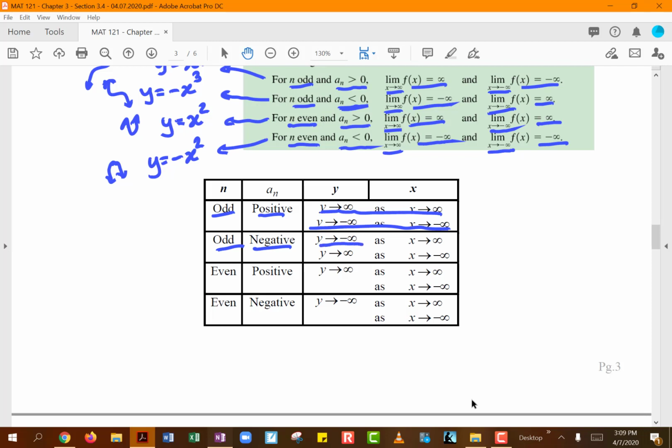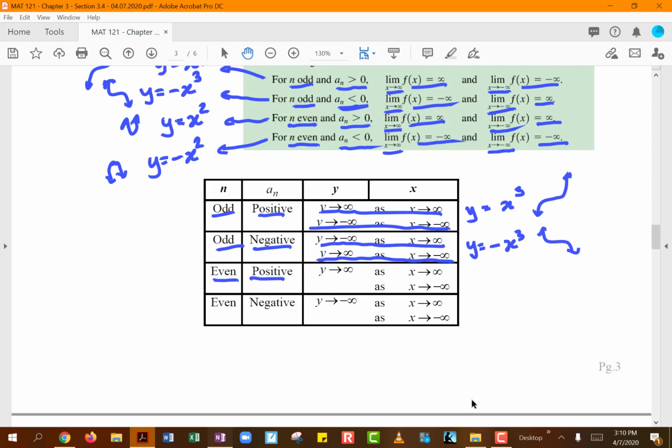So now y goes to negative infinity as x goes to positive infinity, and y goes to positive infinity as x goes to negative infinity. So again, this guy is y equals x third as your function, and then this guy will be y equals negative x third as your function.